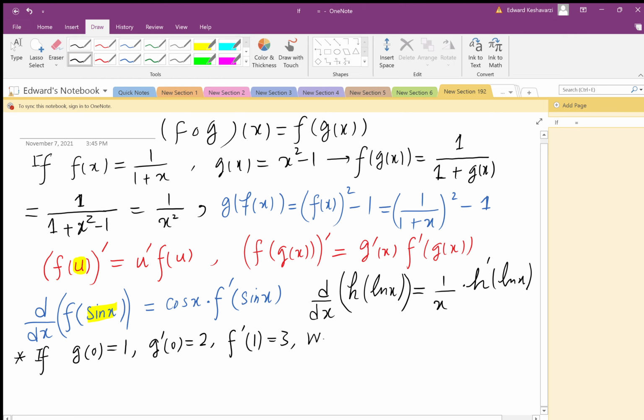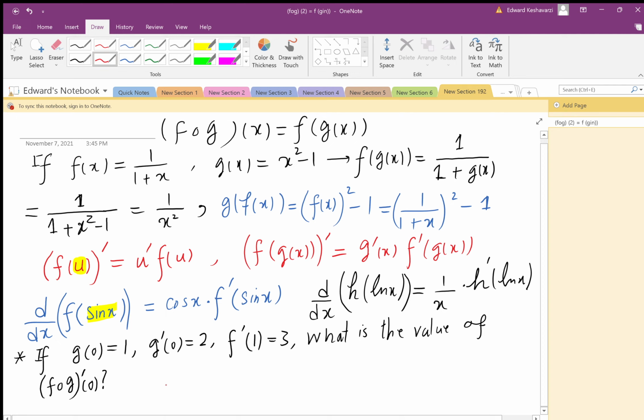So what is the value of f o g prime at 0? So f o g prime at 0 means we take the derivative of f of g of x and then we replace x with 0.